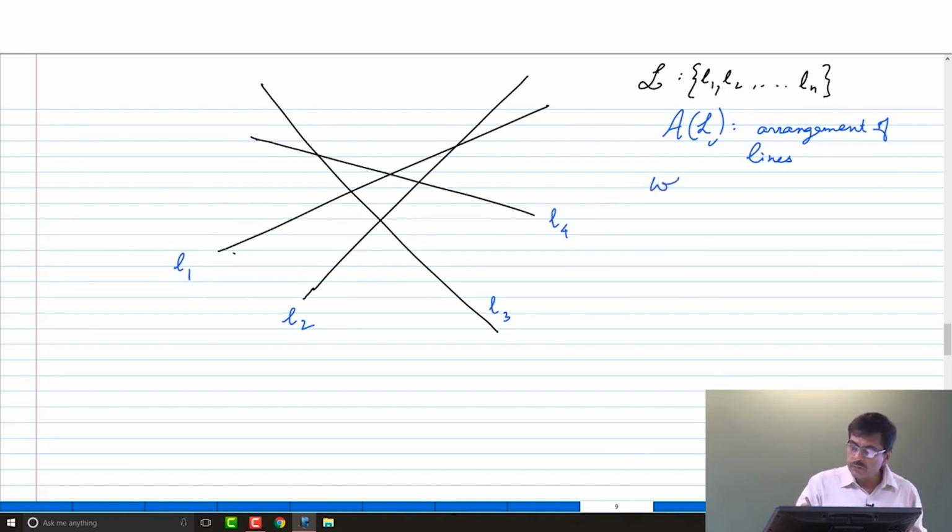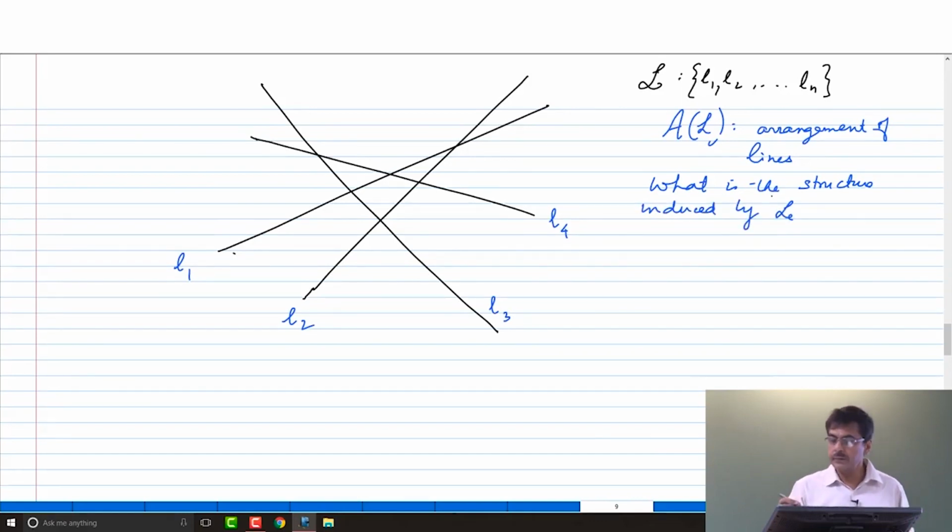What is the structure induced by L? That's basically the arrangement. And what comes across very readily is that it's a graph basically that is getting defined.